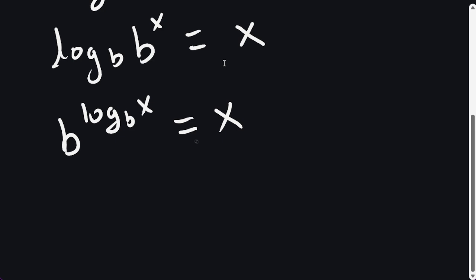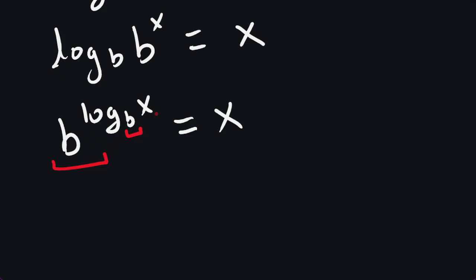Same thing. Because again, this is the exponential part, b to the power of, and then this is the logarithmic part, log base b. These will also cancel out, and you'll have released this x.